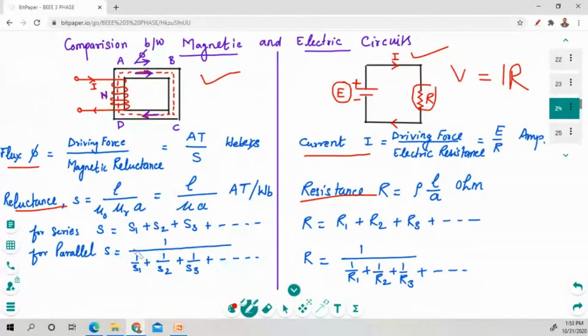Whereas in parallel we can find it as 1 divided by 1 upon S1 plus 1 upon S2 plus 1 upon S3. Whereas in case of resistance we find these resistances using these equations. So these are some basic concepts which we are relating to understand the basic concepts.